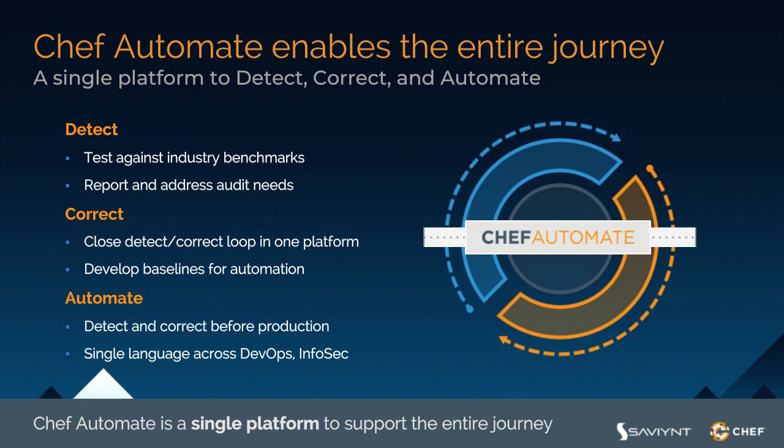With Chef and Habitat, we can use that data to inform how we configure systems and applications, and correct with the same tool set we use to identify the gaps in our systems. This allows us to develop baselines for automations across every type of work we do, and make sure that everything we manage is delivered via one of these automation engines, allowing us to solve problems continuously and as we move forward into new environments and designs.